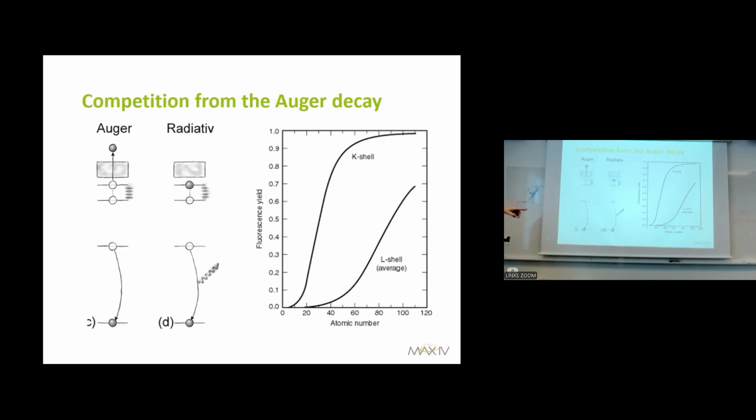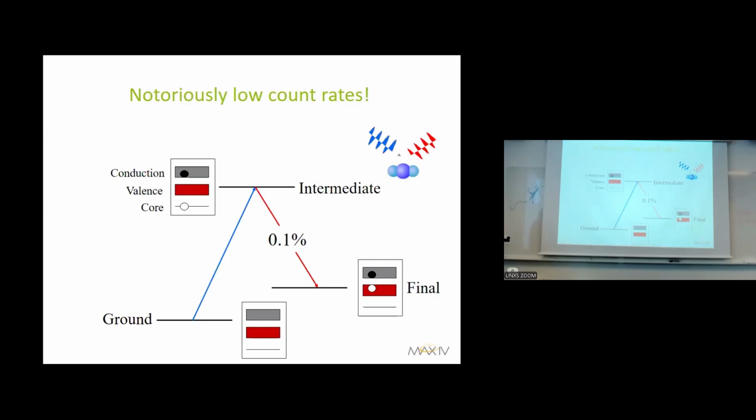If you look at the right-hand side, you see the fluorescence yield as a function of atomic number, K shell first, L shell later. And as you see, at these lighter elements where we are looking, it tends to be very, very small. In fact, it's notoriously low count rates. It's 0.1% or less of all the events.